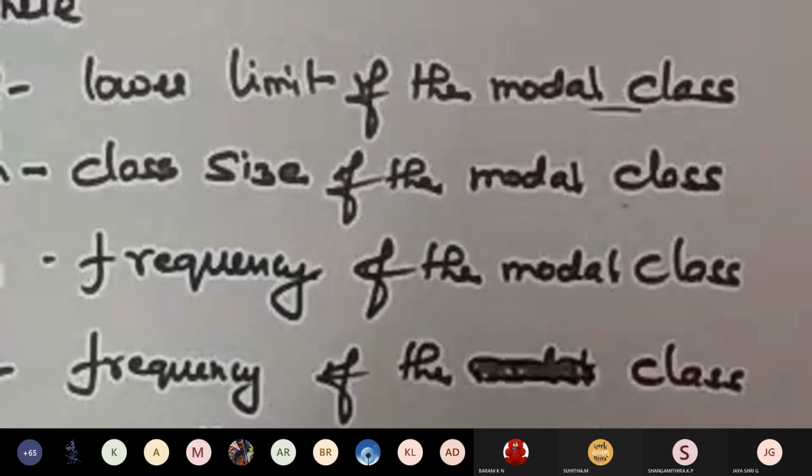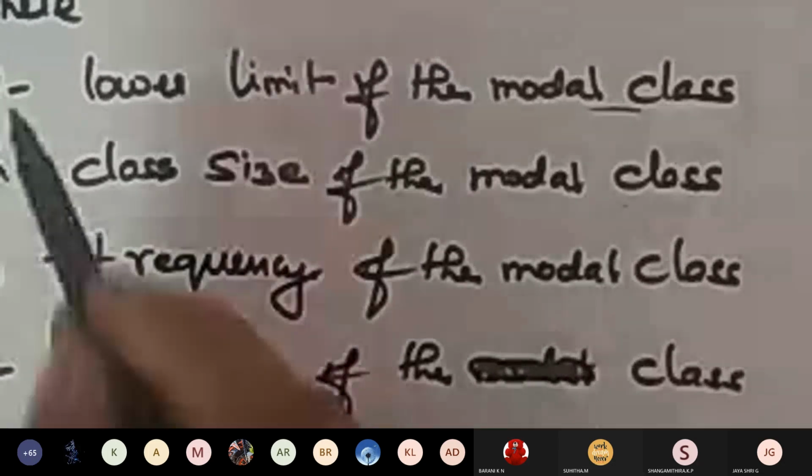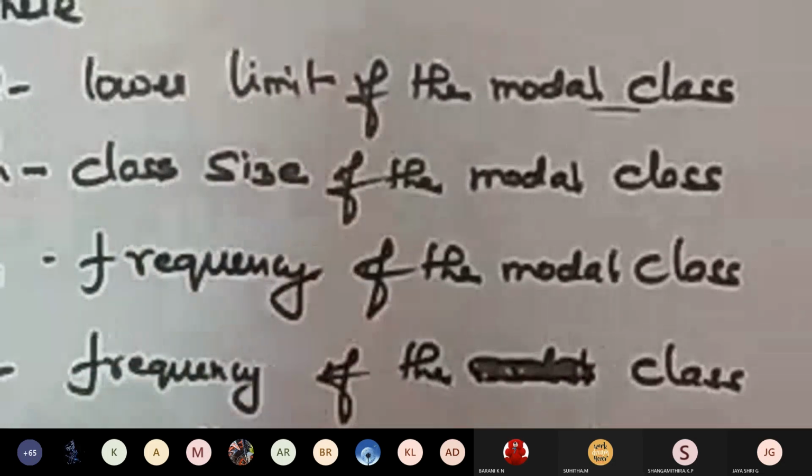And F2 is the frequency of the class succeeding the modal class. So L, H, F0, F1, F2. Through a problem I will explain how to find these. Also take exercise 14.2. One of the simplest of all is finding the mode.